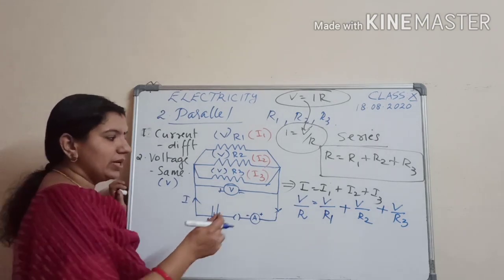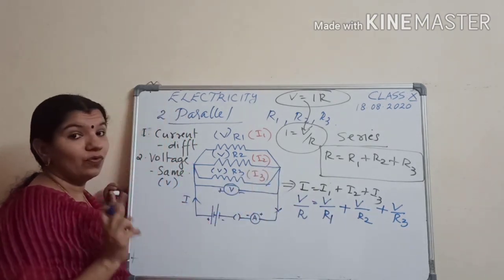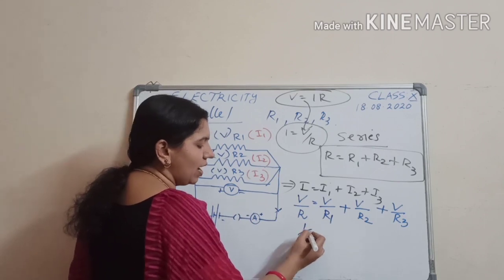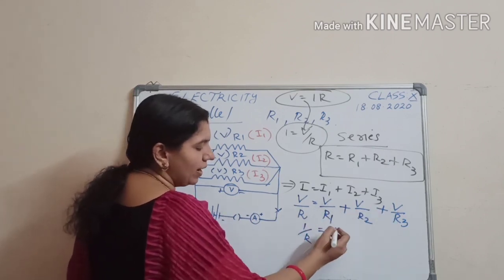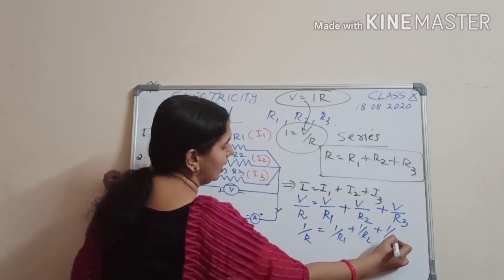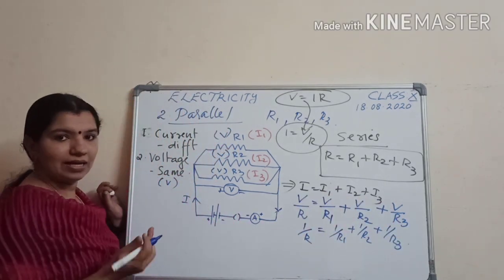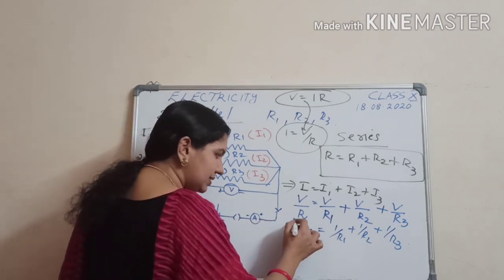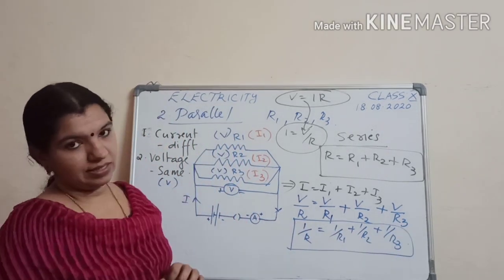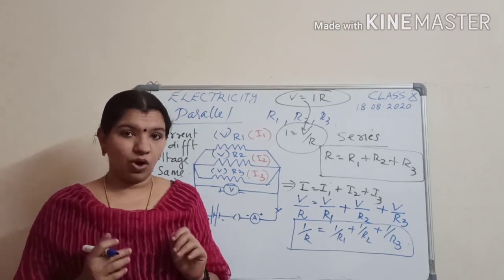Clear? Look here, which quantity is constant? V is constant, isn't it? So, you can write the expression as 1 by R, where V gets cancelled: 1 by R is equal to 1 by R1 plus 1 by R2 plus 1 by R3. That's all. So, this is the equation to find the effective resistance for a parallel combination.